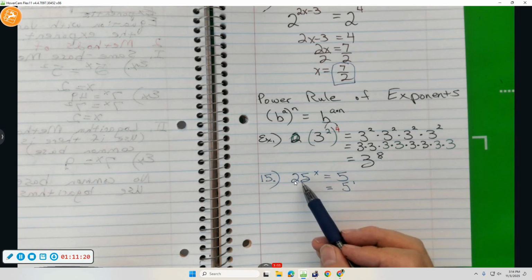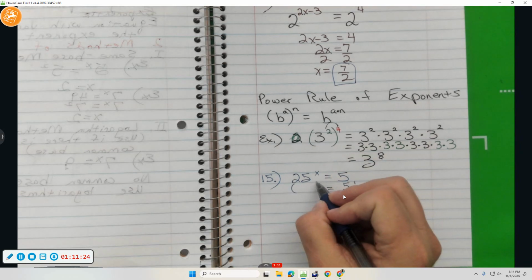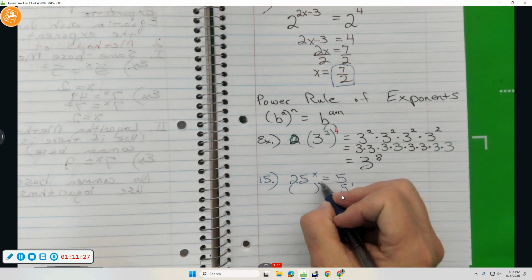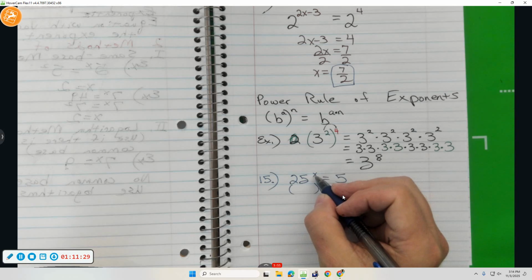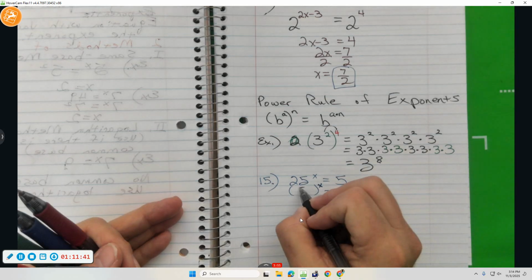Now 25. Can we write 25 as a power of 5? How can I write 25 as a power of 5? 5 squared.